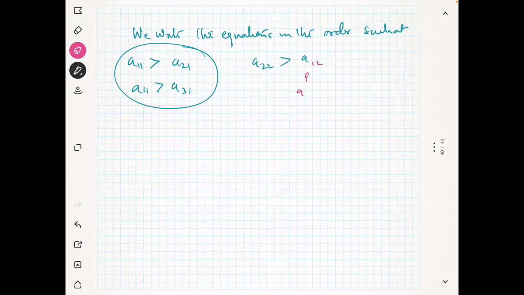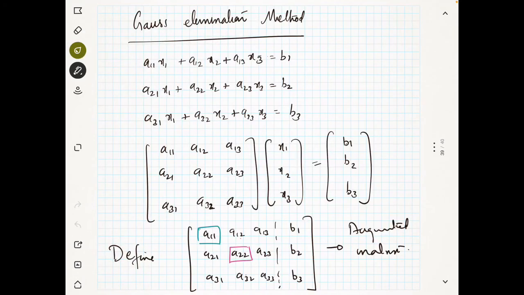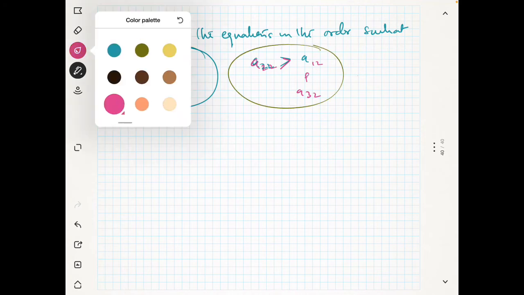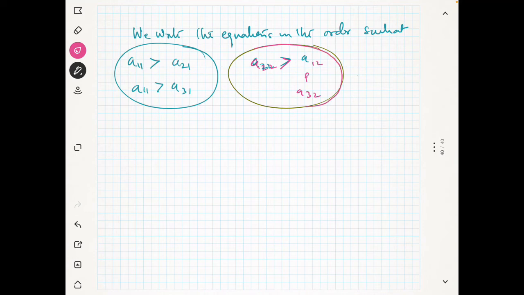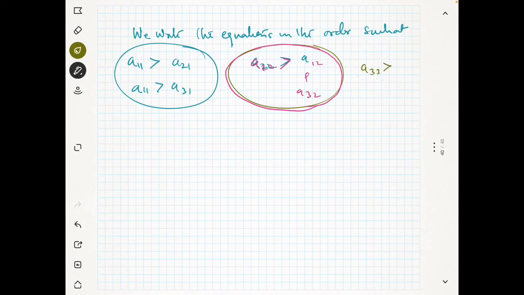We are talking about this element now. Similarly, A33 should be greater than A31 and A32. So these are the three conditions. We will be writing the equations in an order such that these conditions are satisfied.